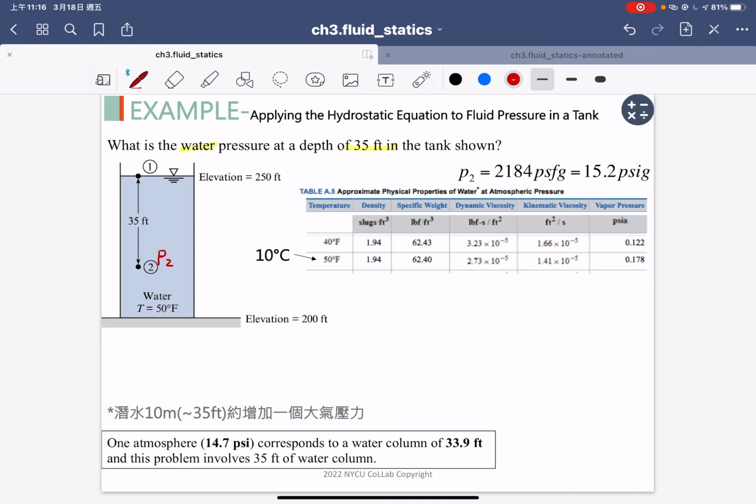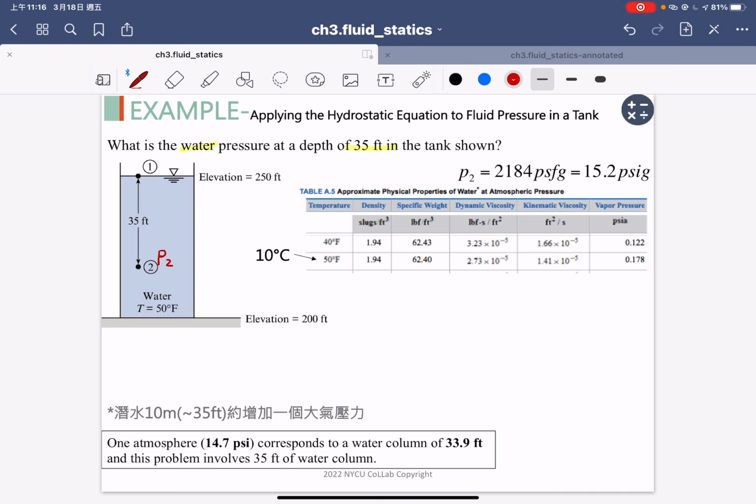So you try to consider what conditions you have. Right now the problem is located in the same fluid, so the piezometric pressure is constant. So we can follow the hydrostatic equation.